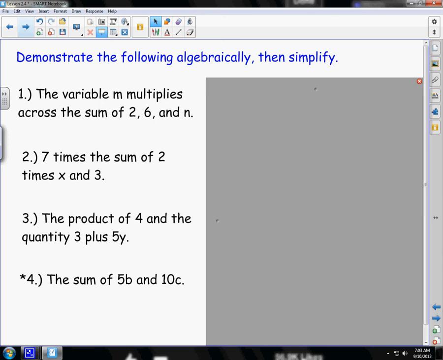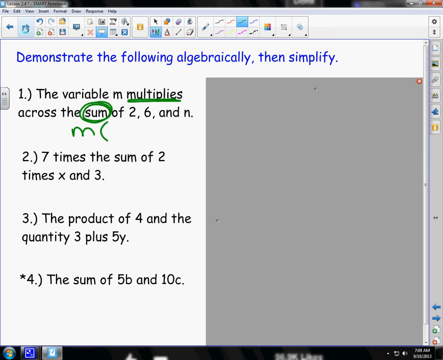All right, so demonstrate the following algebraically and then simplify. What you need to do is read the sentence and then try to make it look like a mathematical expression. So the variable m multiplies across the sum of 2, 6, and n. The variable m multiplies, there's a key word, so m is going to multiply across the sum.